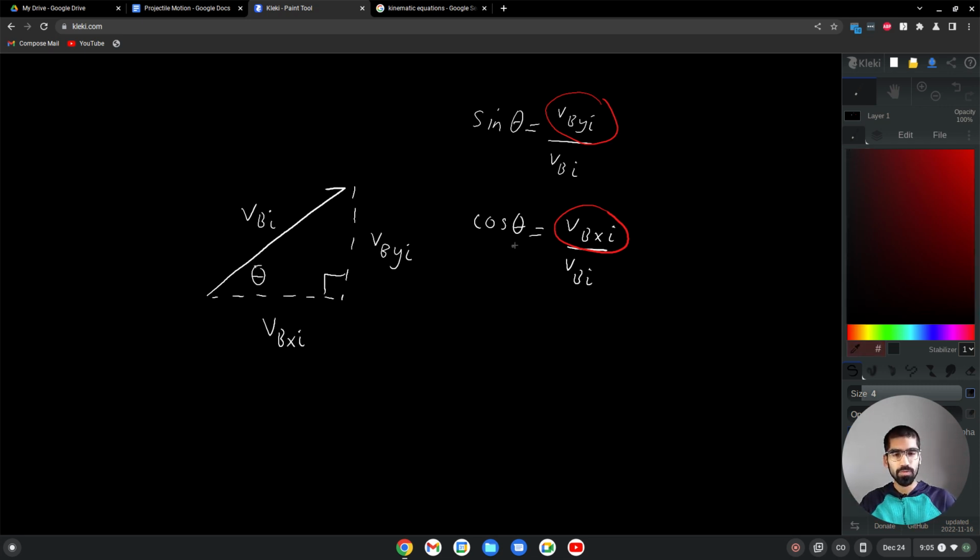So if we just multiply both of these equations by VBI on both sides, we get what we want. We will get that VByi is equal to VBI times sine theta, and VBxi is equal to VBI cos theta.